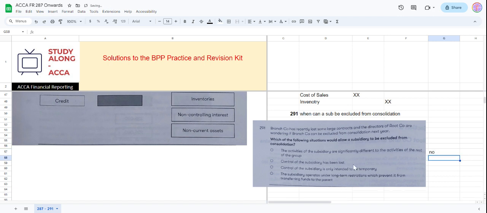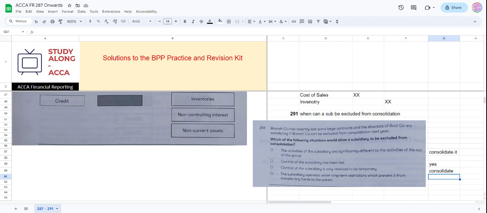Control of the subsidiary has been lost. Yes, if control is lost, then you will exclude it. Control of the subsidiary only intended to be temporary. Even if it is temporary, you will consolidate it. And then the subsidiary operates under long-term restrictions which prevent it from transferring funds.